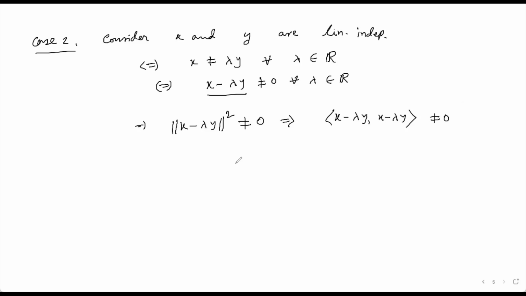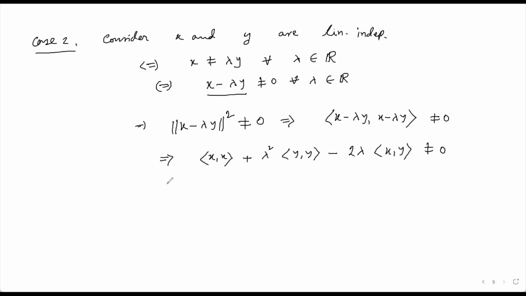Now using the bilinear property of the inner product, we have x comma x plus lambda square y comma y minus 2 lambda times x comma y, which is not equal to 0.